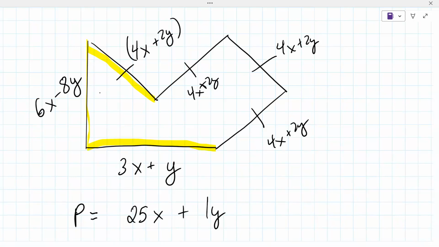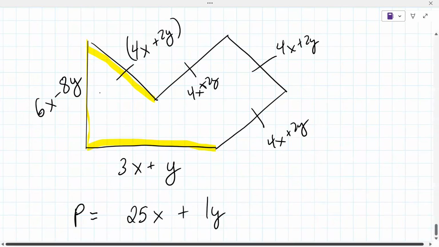Like this. Yeah. Okay. Right. So I agree. Good.